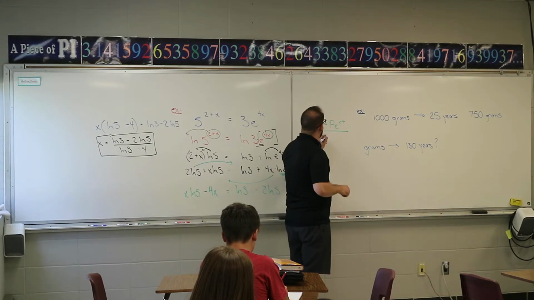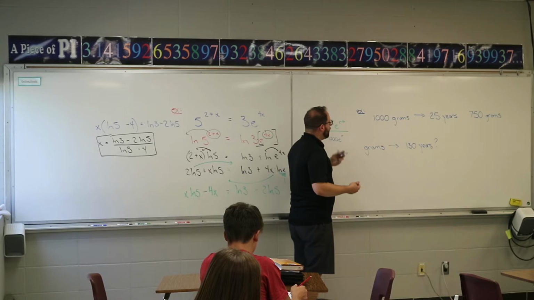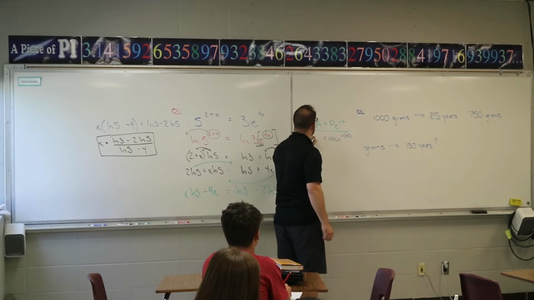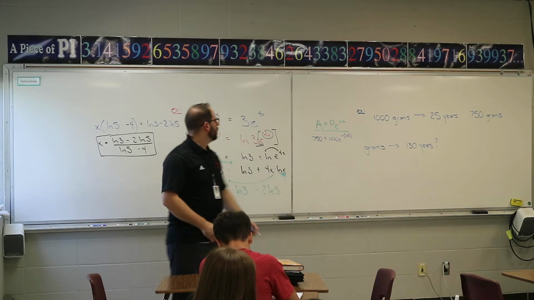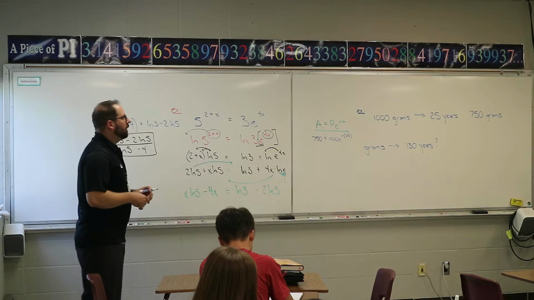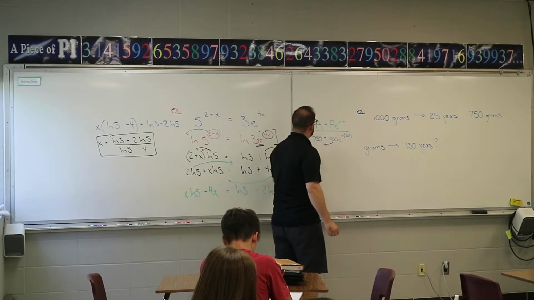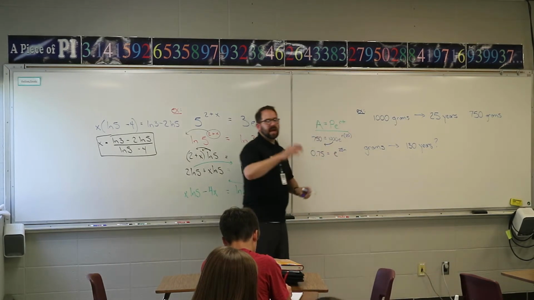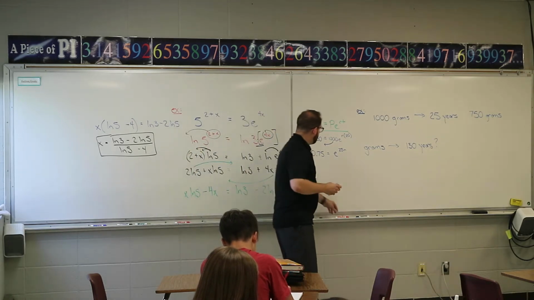Now, plugging my numbers in. I have 1,000 grams. That's my initial amount. I don't know my rate, but I do know it's taking me 25 years to get to 750 grams. That's the amount I'm getting to. Does that make sense? To solve this, I would divide the 1,000 over first. So that's 0.75 equals e to the 25r. I'm going to take the natural log of both sides, so I can drop the 25r out front.